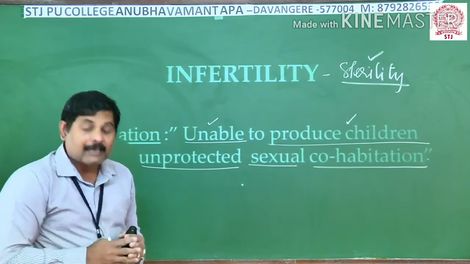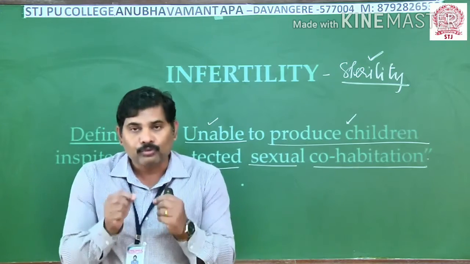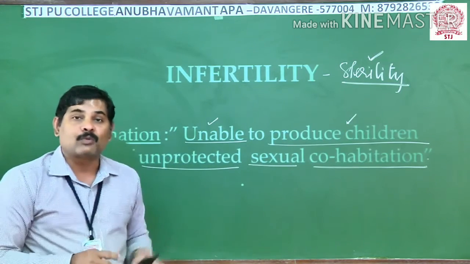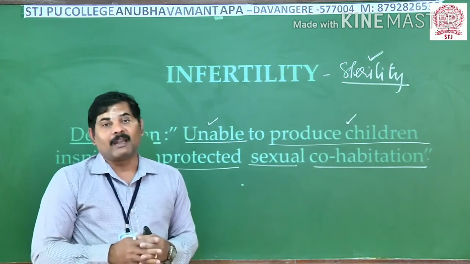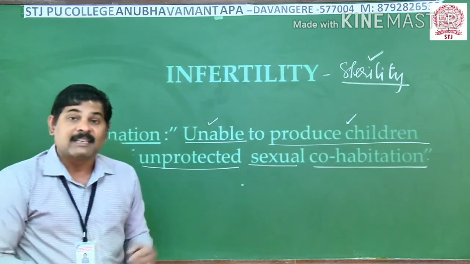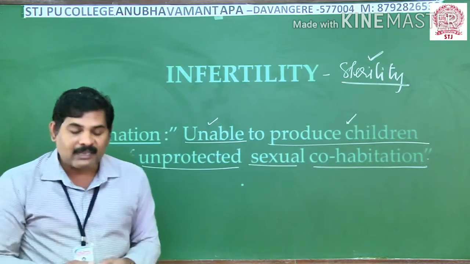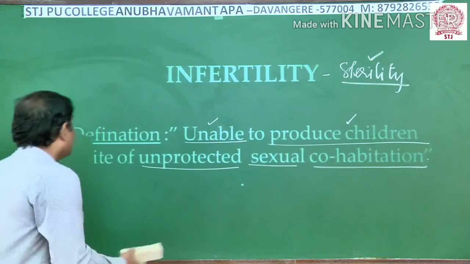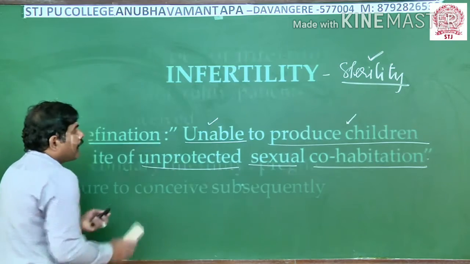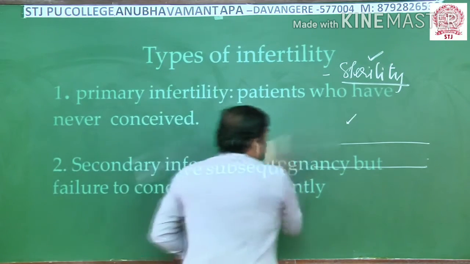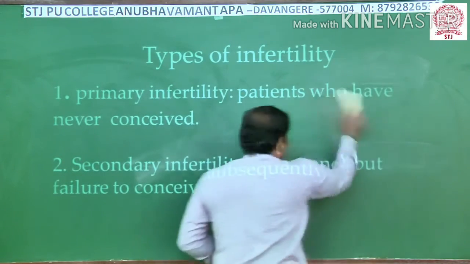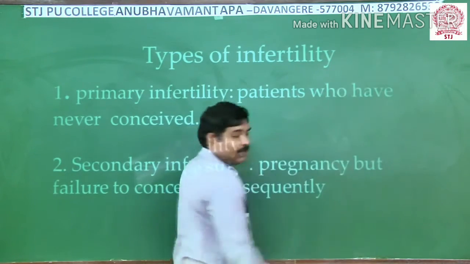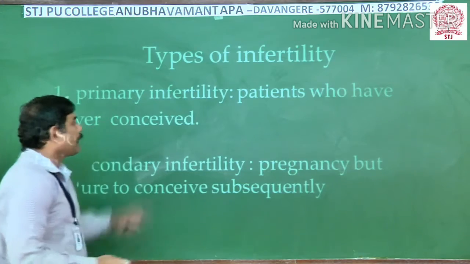Now let us see the types of infertility. There are 2 different types of infertility, and it includes the first one, primary infertility, whereas the second one is known as secondary infertility. Now let us see in a detailed way what is meant by primary and thereafter by secondary infertility. Coming to the definition of both, see the first one, primary infertility, right?